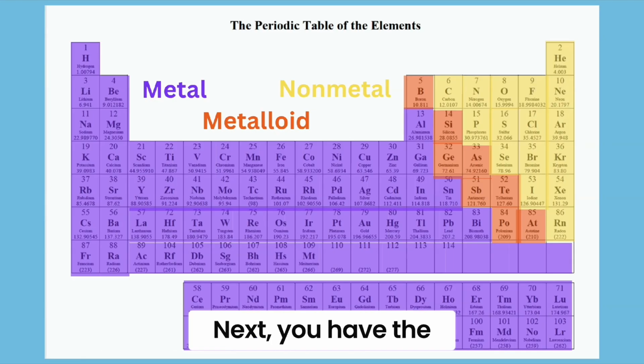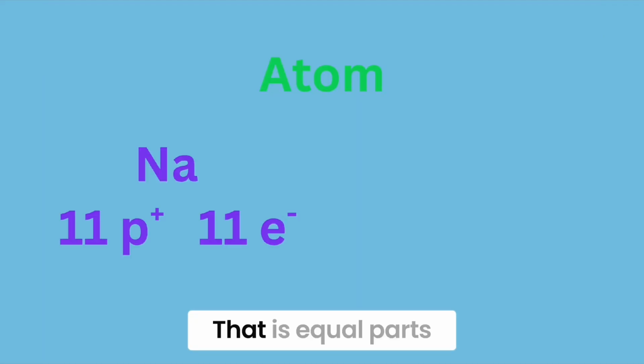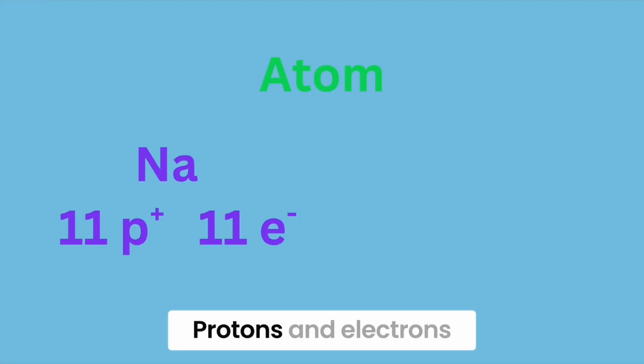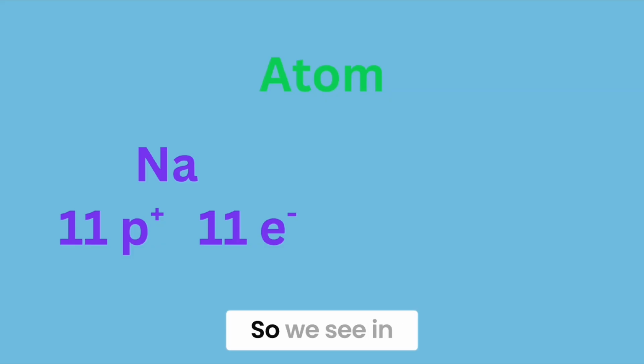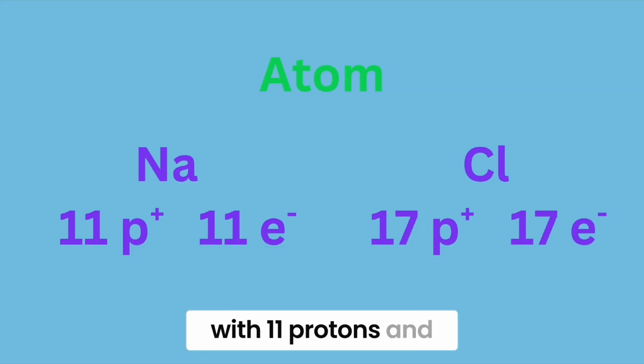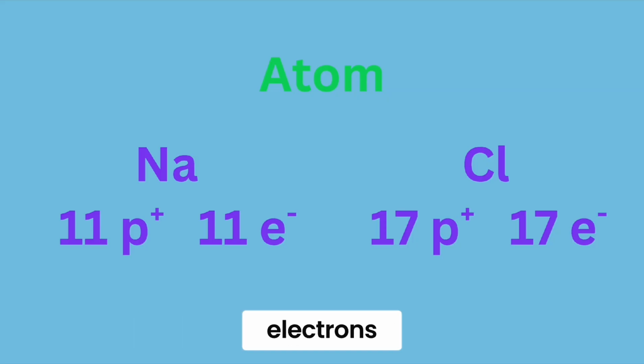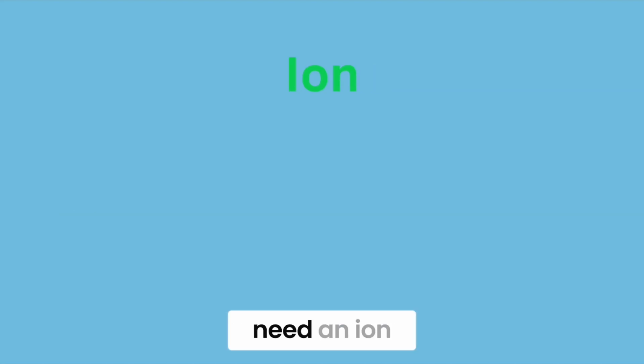Up next, you have the atom. The atom is a neutral element that has equal parts protons and electrons. So we see in our example here, you have sodium with 11 protons and electrons, and then chlorine with 17 protons and electrons. When you want to form a substance, you need an ion.